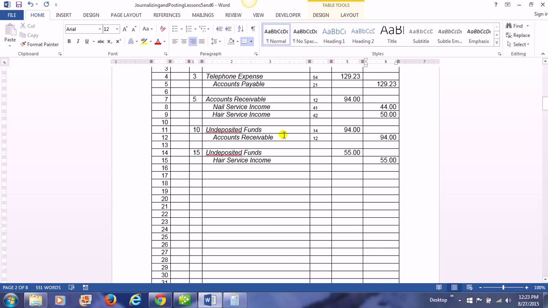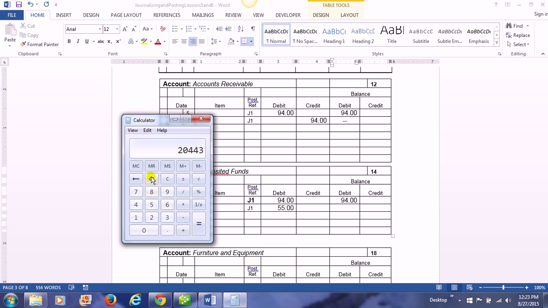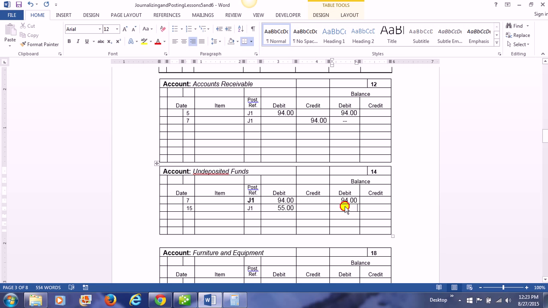Okay, so now let's go and post. We are debiting the account for $55. So we need to calculate a new balance in the account. We are increasing the account, so that's a $149 balance now in undeposited funds.